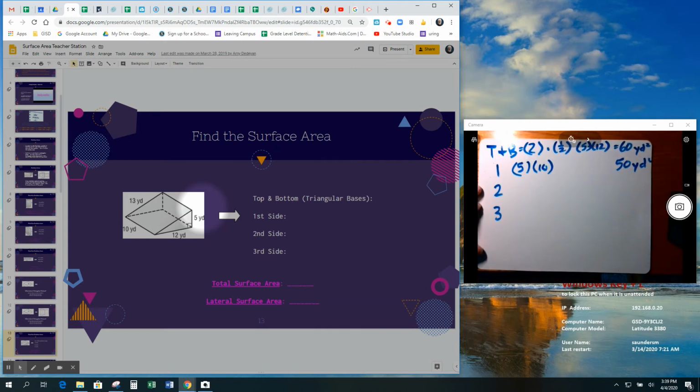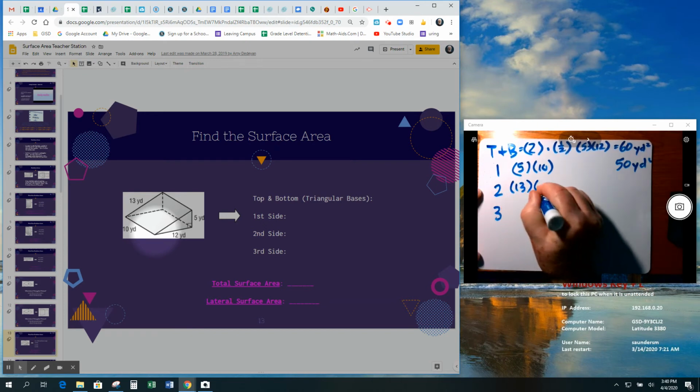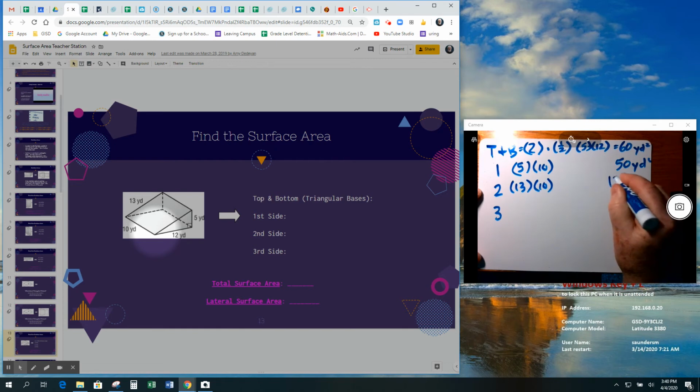Then I have this rectangle right here, which is the sloped one. It is a rectangle that's 13 yards by 10 yards. So 13 times 10, and that's 130 square yards.